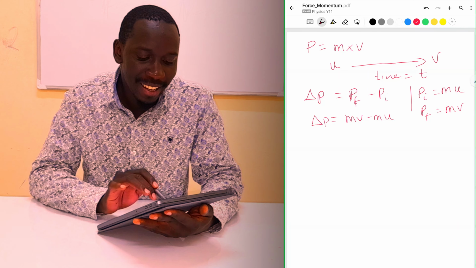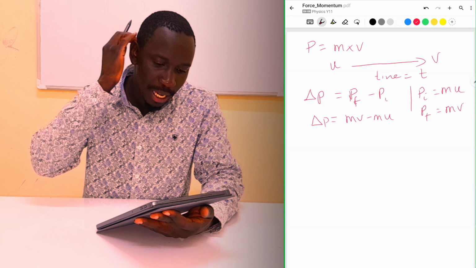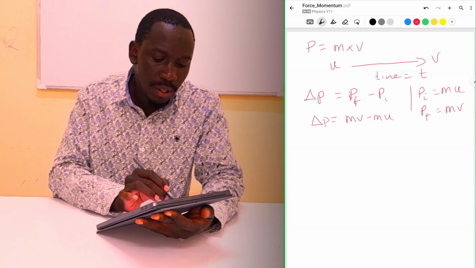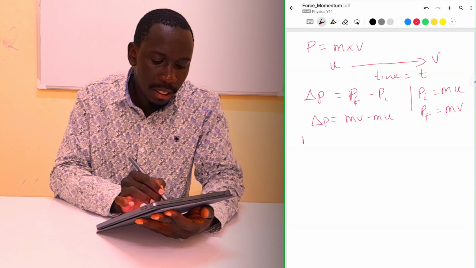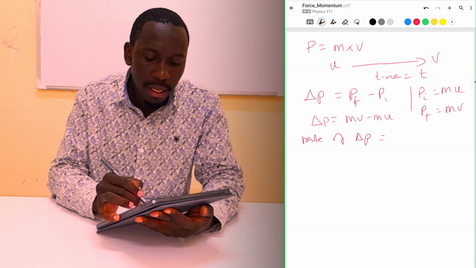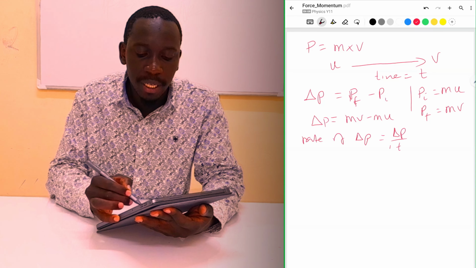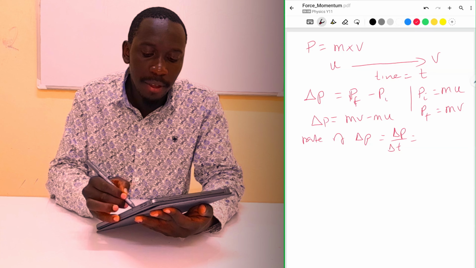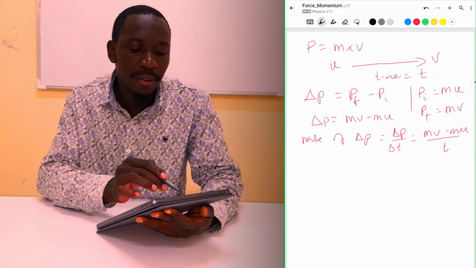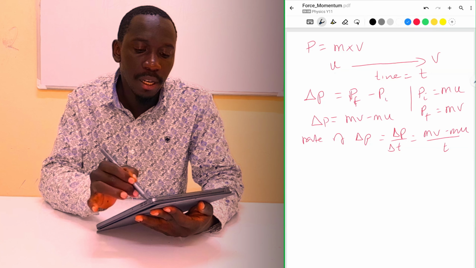Anyway, let's continue. So the change in momentum is mv minus mu. If I need the rate of change in momentum, that will be delta p over the time taken. So I will have mv minus mu divided by the time taken for the body to change its speed from u to v.